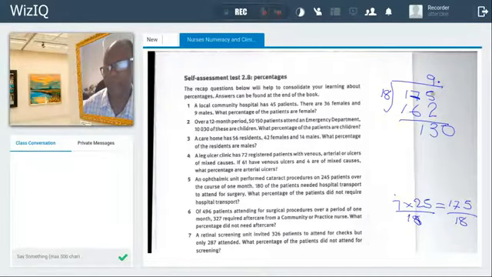If we drop another 2 here, let's try 7. 7 times 8 is 56, 7 times 1 is 7, and 7 plus 5 is 12. Then we borrow 1 here. 10 take away 6 is going to be 4.